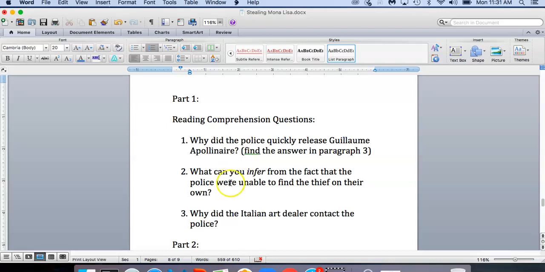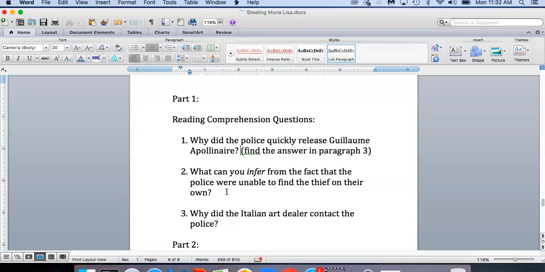Number 2, what can you infer from the fact that the police were unable to find the thief on their own? So, what can you say about the police officers in France? What can you infer about their ability to find the criminal? Or maybe you can infer about the criminal. Is the criminal good or bad in escaping? So that's something to think about.